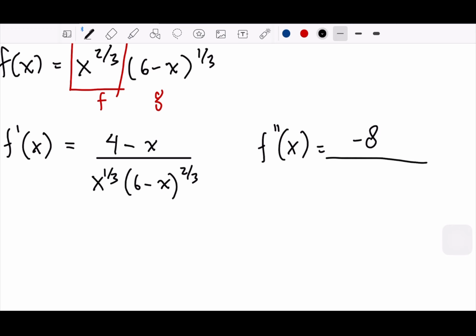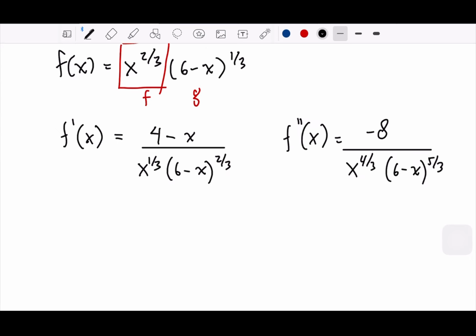This will give you this result. Now from these two equations, we can check whether the critical point, or whether the maximum or minimum exists or not.